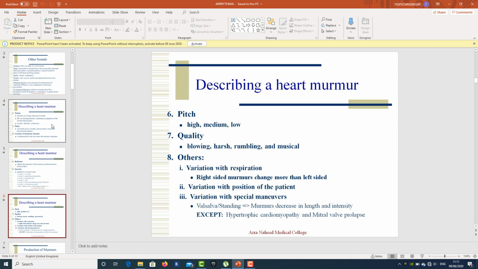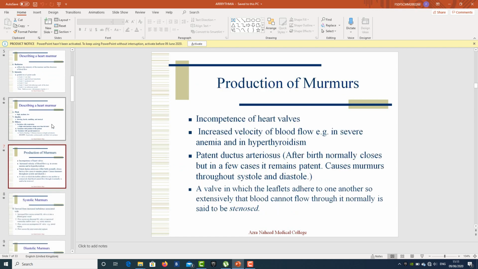Valsalva, standing: murmurs decrease in length and intensity, except hypertrophic cardiomyopathy and mitral valve prolapse. Production of murmurs: incompetence of heart valves, increased velocity of blood flow, for example in severe anemia and in hyperthyroidism.